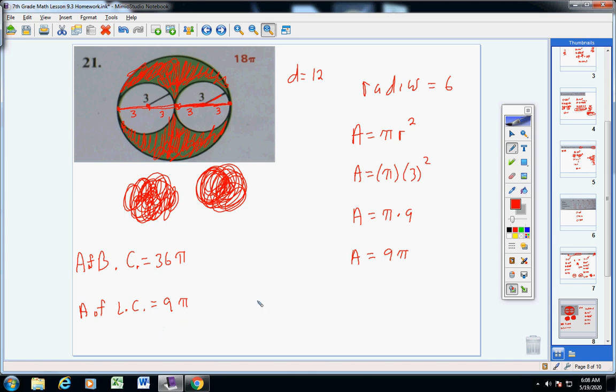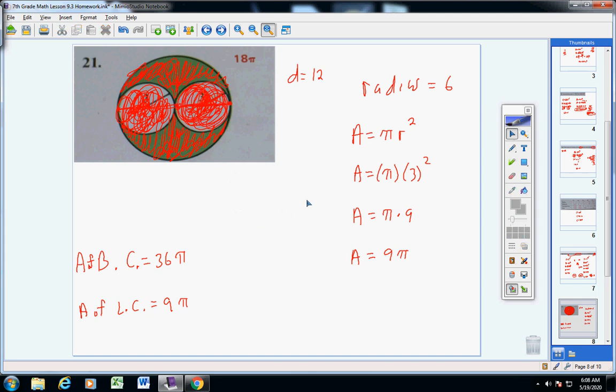Okay? Now, think about it, guys. Remember what I showed you earlier. If I'm going to find the area of the shaded region, I'm going to have to first find the area of the big circle, which I did, which is 36 pi.